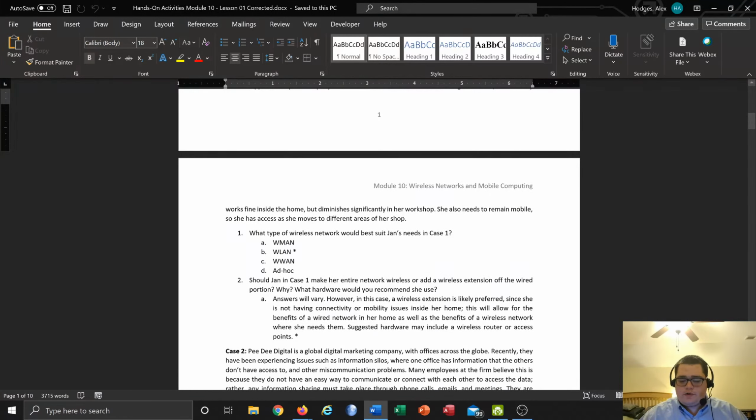Why, and what hardware would you recommend? For this one, answers can vary, but in most cases a wireless extension is likely preferred since she's not having connectivity problems inside the home. This will allow for the benefits of a wireless network where she needs them, but also the benefits that a wired network provides where it's already working. Suggested hardware that they may list are wireless routers or access points.